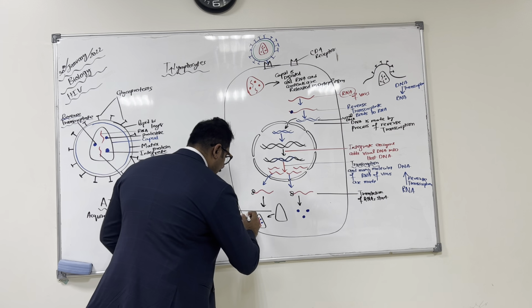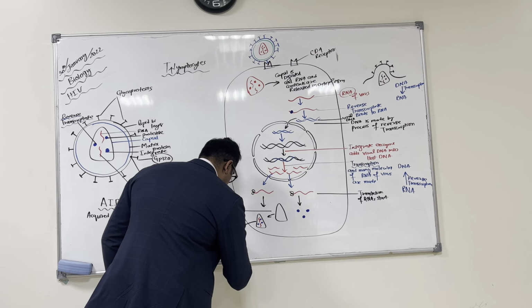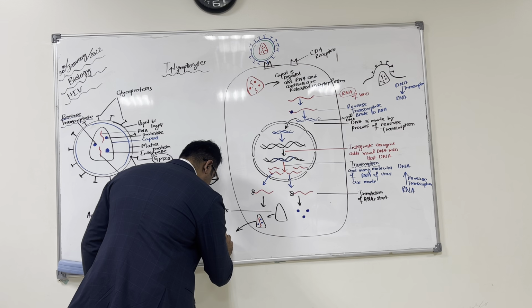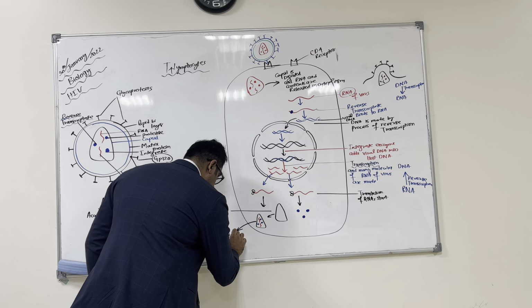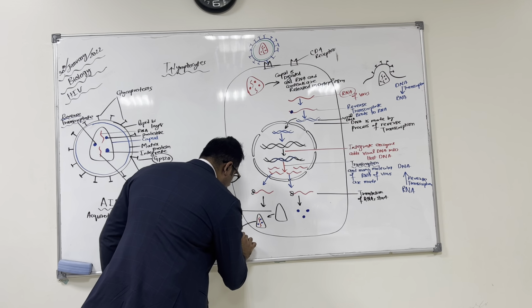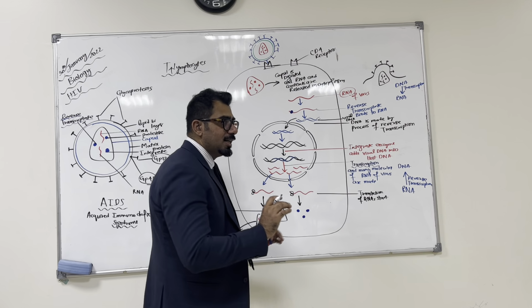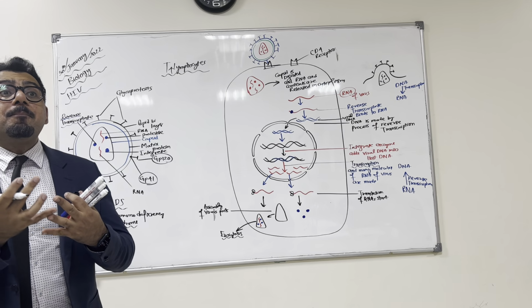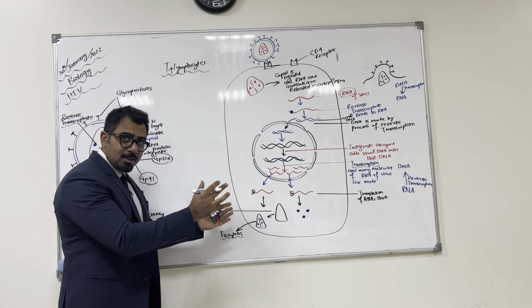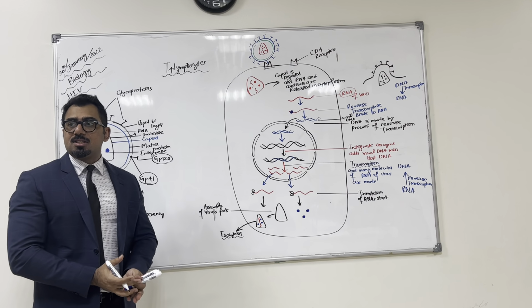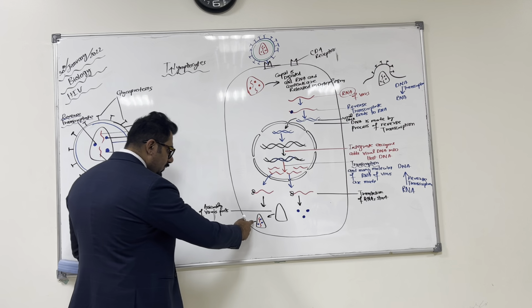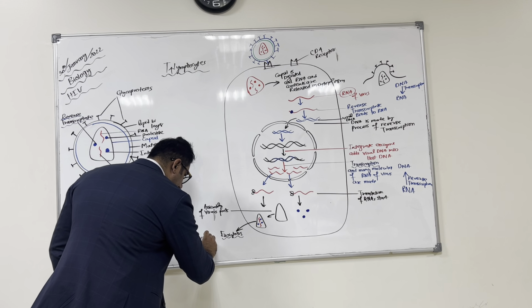Next step, that this will come out by exocytosis. Now we have learned in detail the process of exocytosis, right? So whenever exocytosis happens, some part of the membrane is covering the particle which is coming out. So when this will come out, that will be like this.